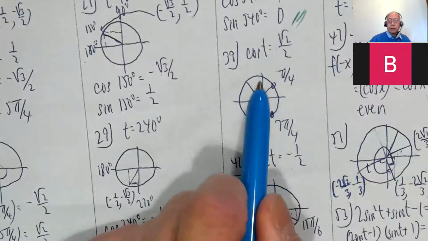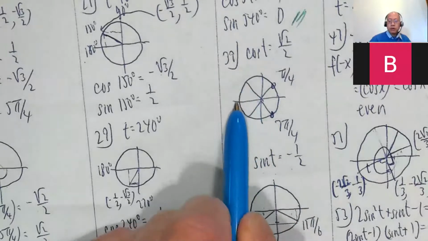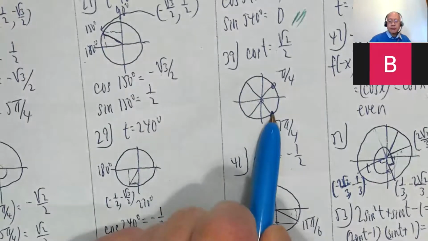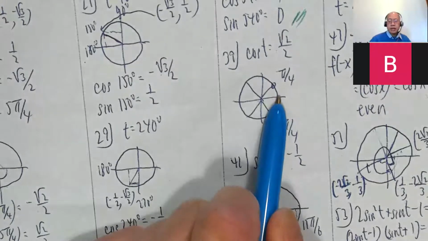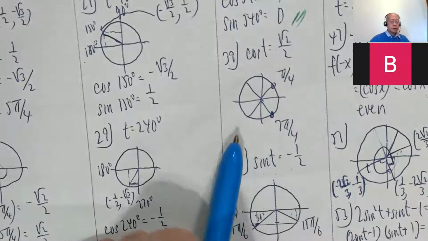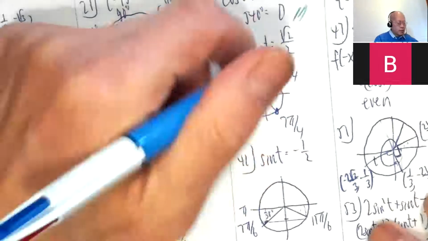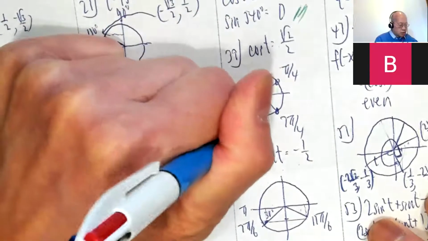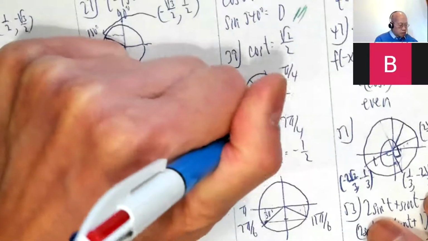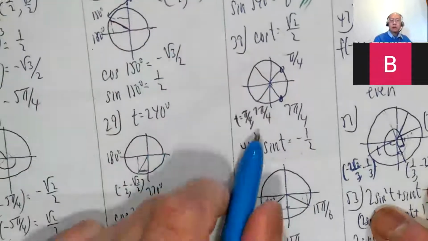Pi/4, 2pi/4, 3pi/4, 4pi/4, 5, 6, 7pi/4. And even by the time you get back to 2 pi, that's 8pi/4. Okay. So my angles are pi/4, 7pi/4. Maybe I should have written it: t equals pi/4, 7pi/4.